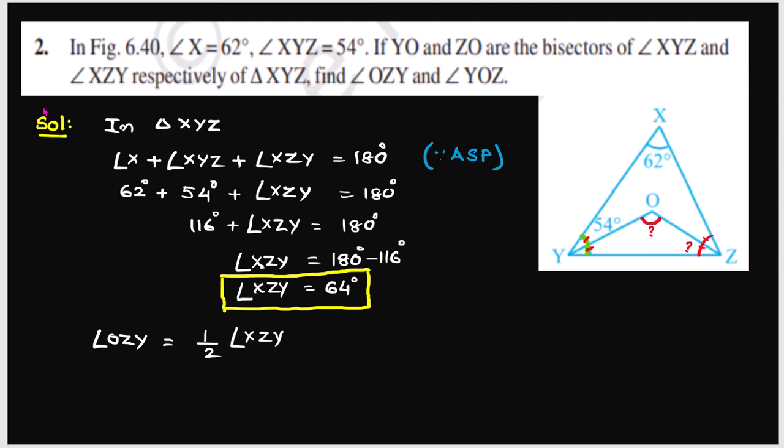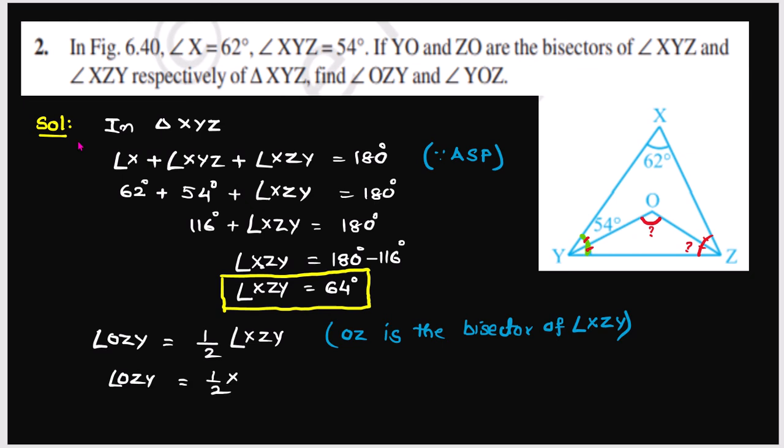Why? What is the reason? Because OZ is a bisector of angle XZY. That reason you have to mention. So obviously we get angle OZY equals half of XZY.